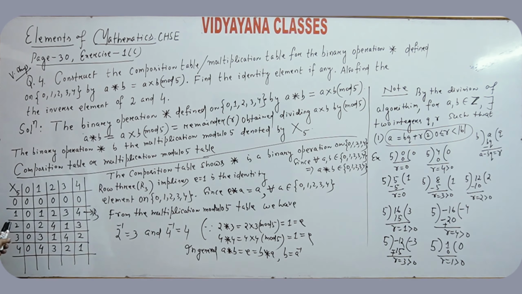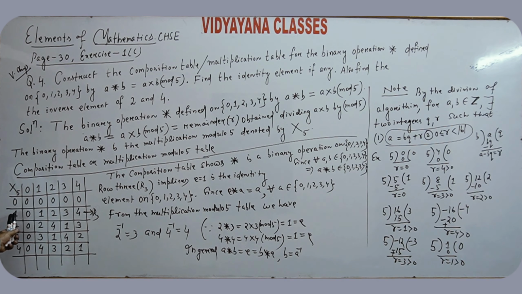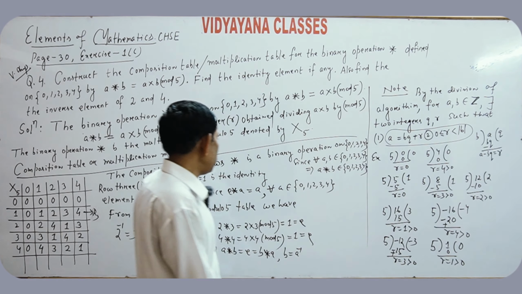It is clear from row 3. 1 into 0 is equal to 0 belongs to this set. 1 into 1 equal to 1, 5 divides 1 gives 1. All elements in row 3 belong to this set. Clear?